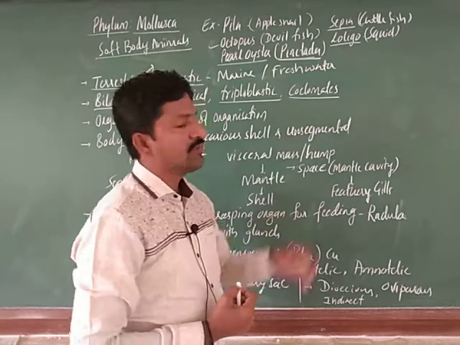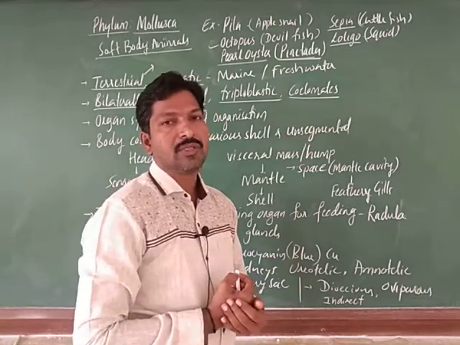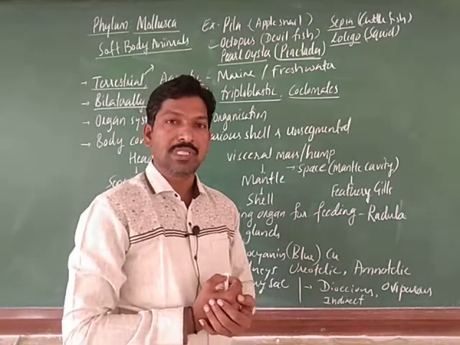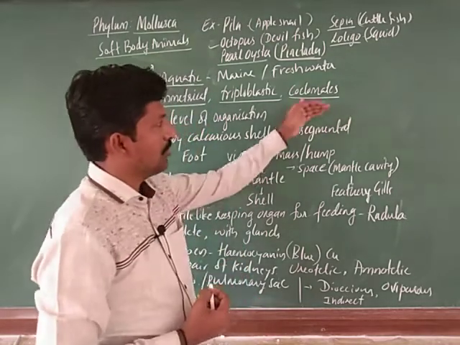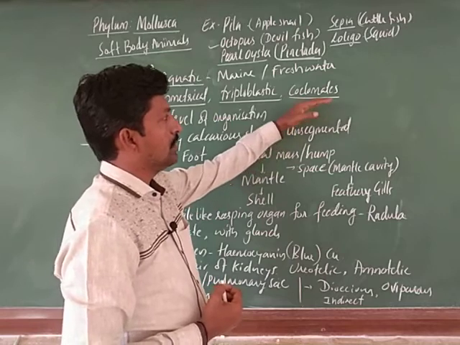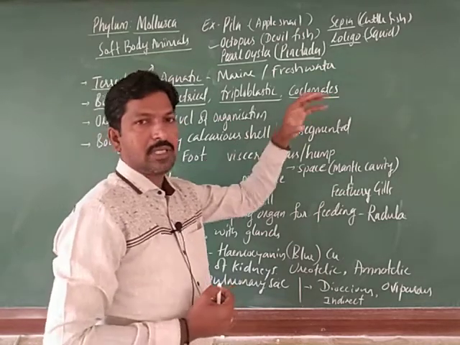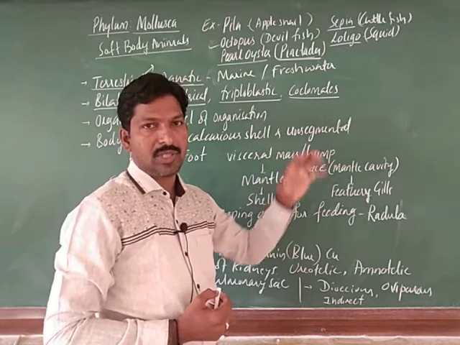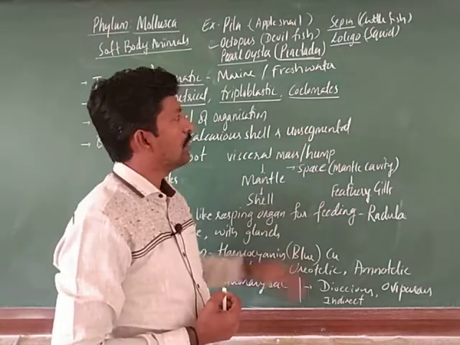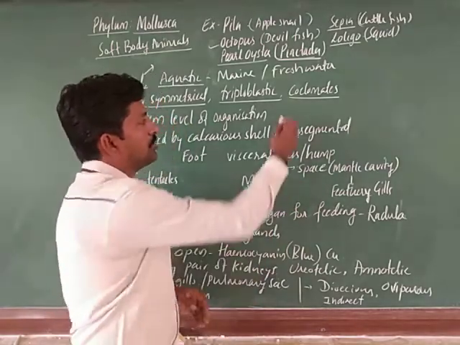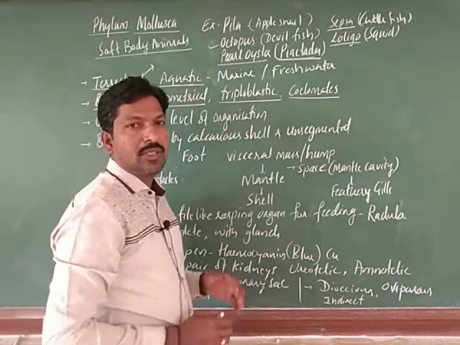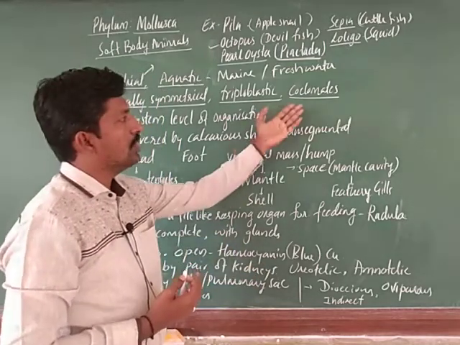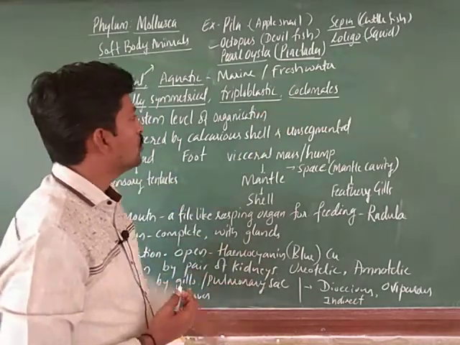So the coelom is filled with blood, hence we call it hemocoelom, or hemocoel, right. Usually we observe coelom surrounding the kidney, gonads and heart. But the remaining part may be filled with blood, right.